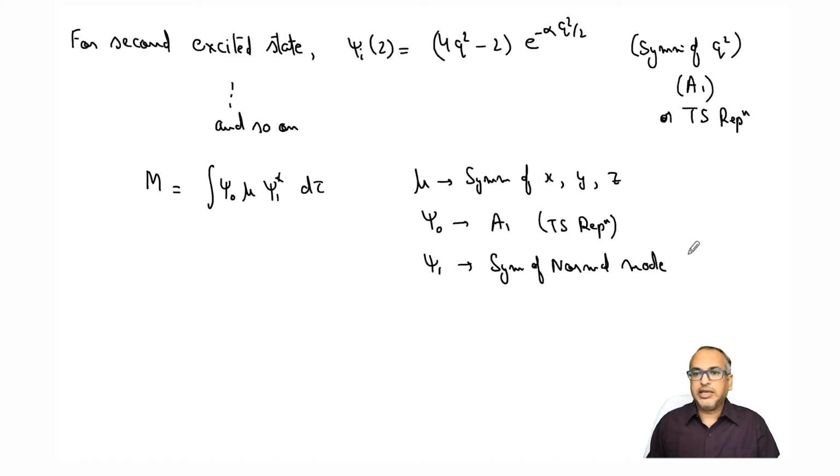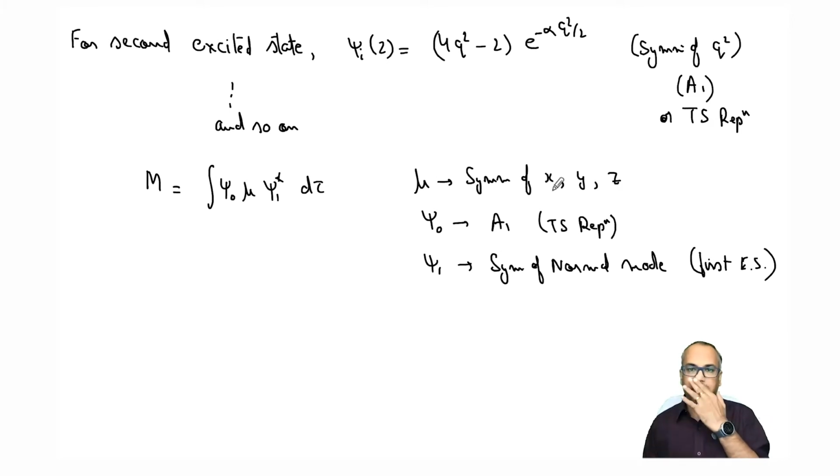Let us only talk about the first excited state. So now what will be the direct product of these three? The direct product of these three will not depend on psi 0 because this is A1. So we have to consider the direct product of mu, or the symmetry of x, y, z, and psi 1.